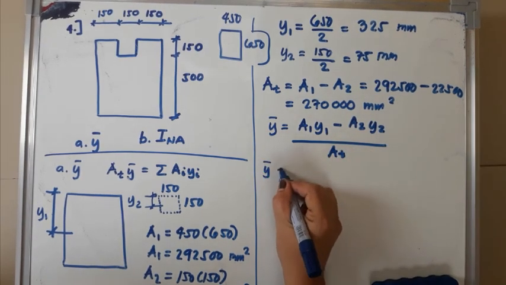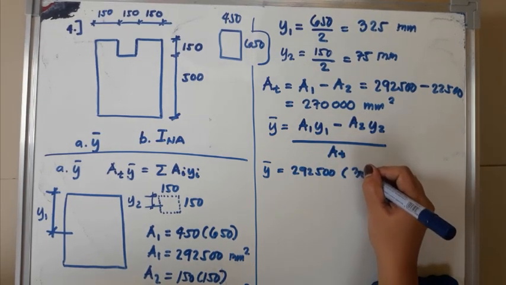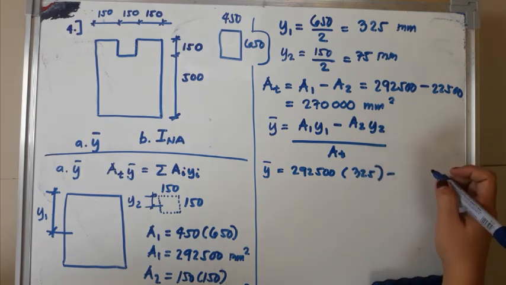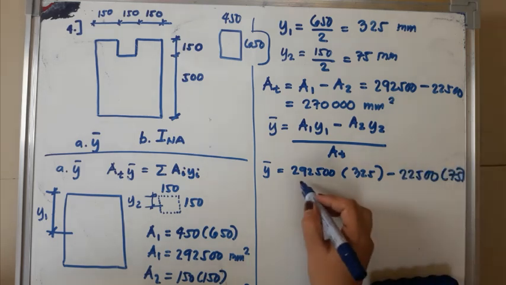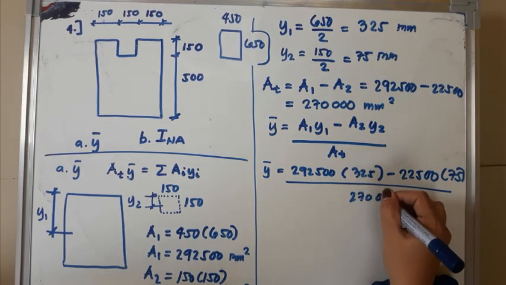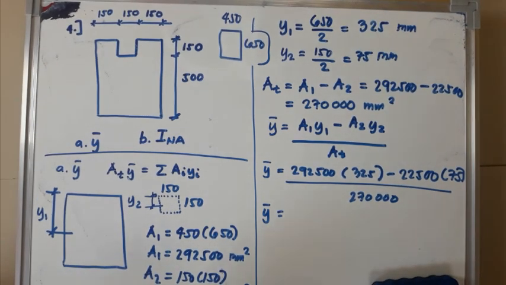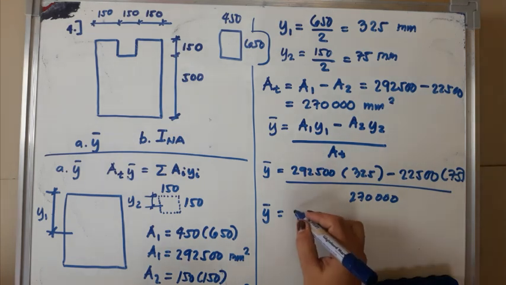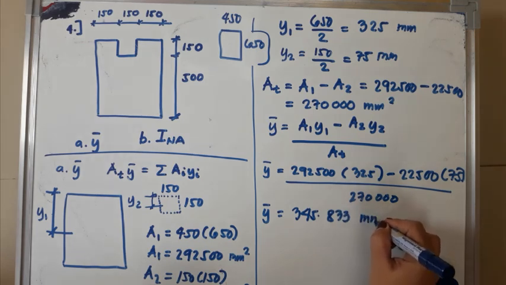So bar y is 292,500 times 325 minus, what's our area 2? 22,500 times 75, divided by 270,000. So bar y is 345.833 millimeters.